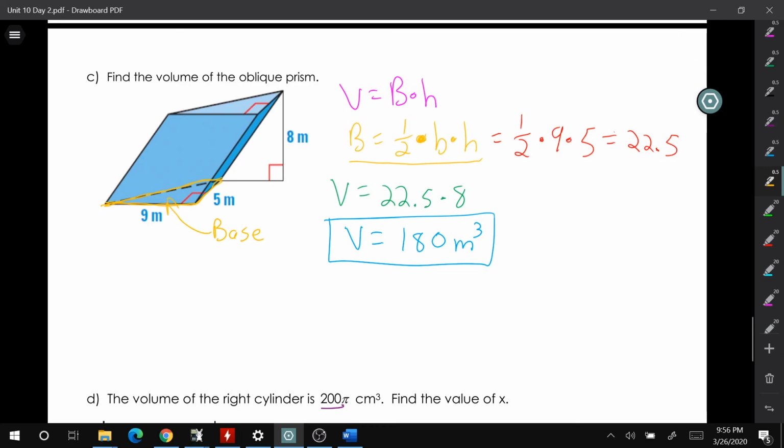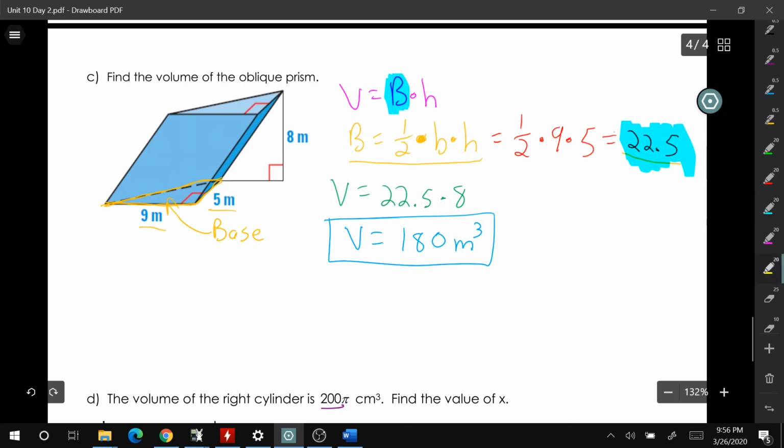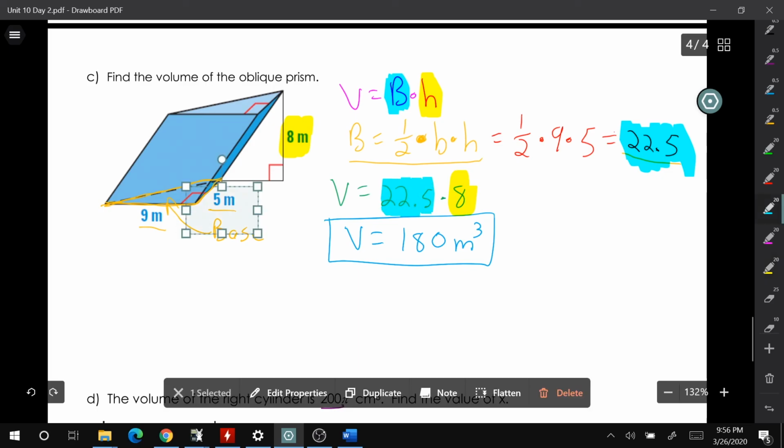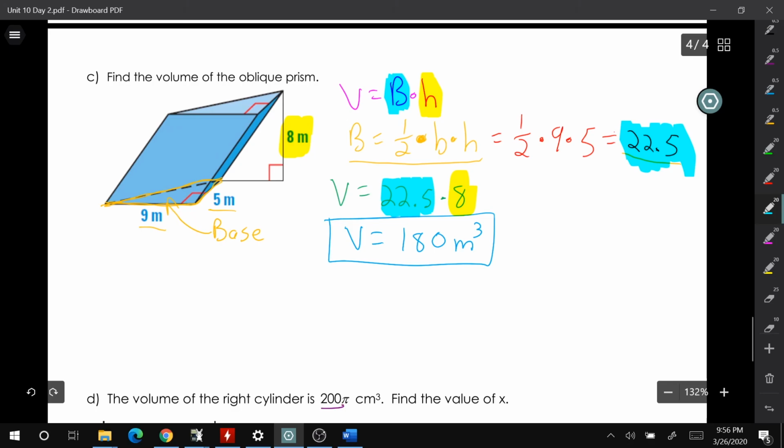So that's why I did 1/2 times 9 times 5 to get 22.5. Then I can plug that in for the big base, and then your height was 8, and then when I type that into the calculator, I got 180 cubic meters.